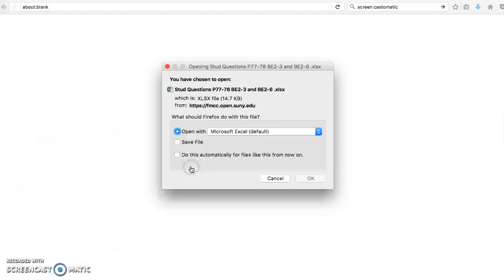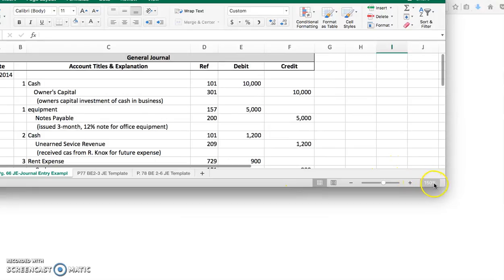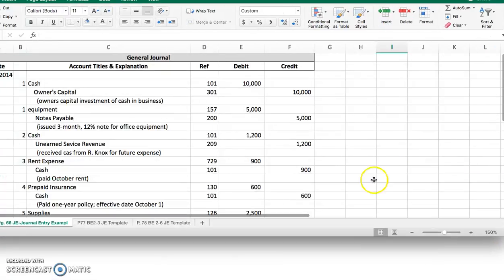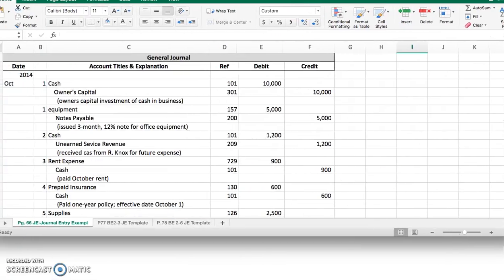If I click on this, you press OK. I've given you an example on here. If you look in your textbook under page 66, which I've indicated here, you'll see this is an example journal entry. Someone has deposited cash. This is the reference number for cash, which you'll see from your textbook.